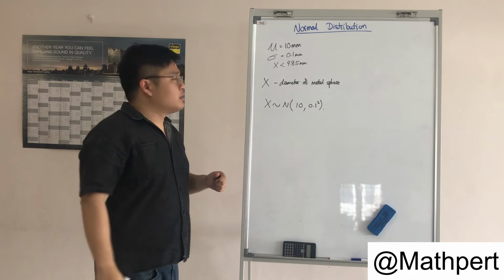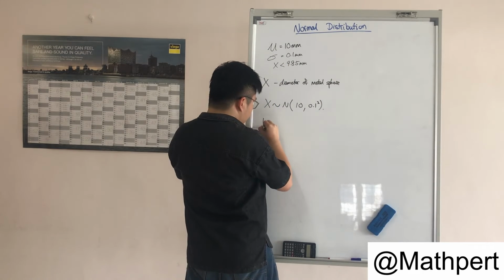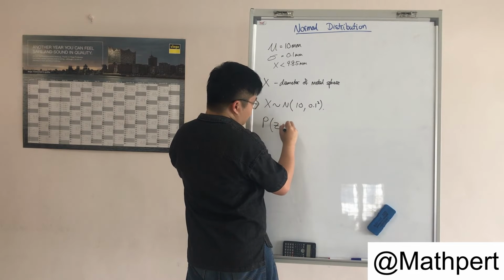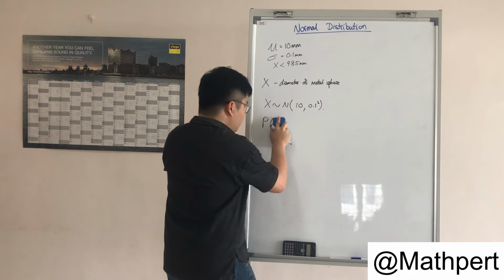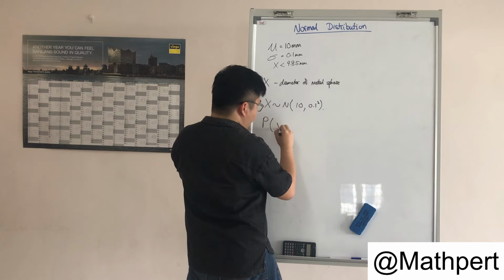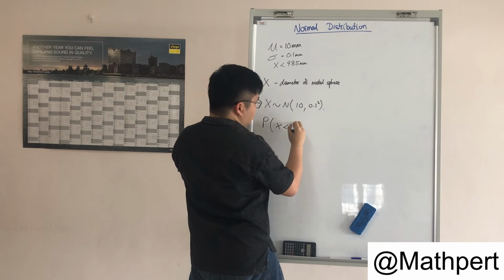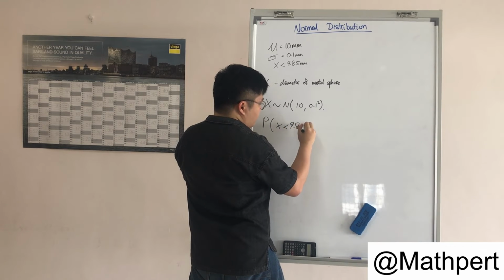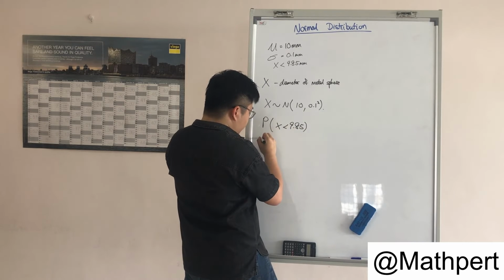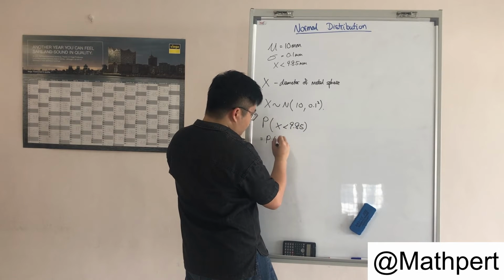Alright? Then now we are asked to find P(x less than 9.85).